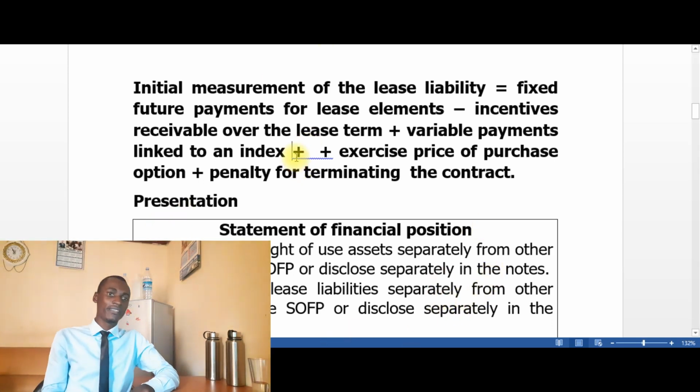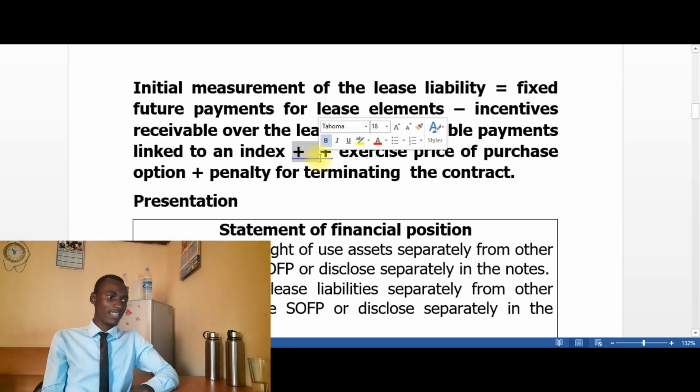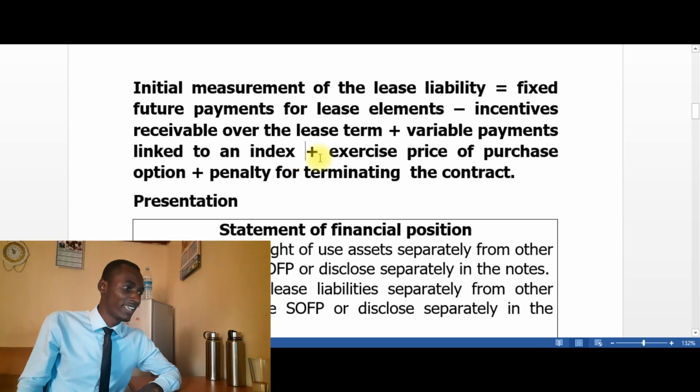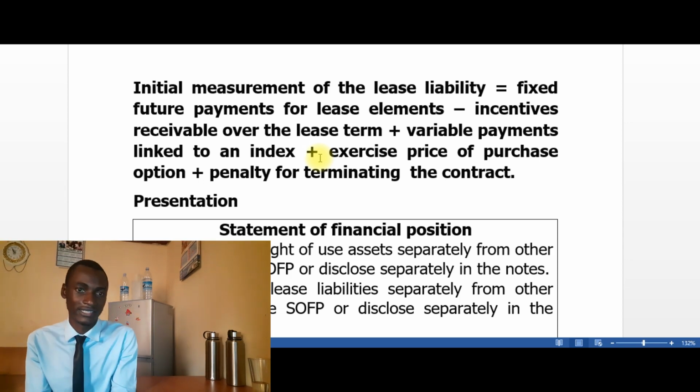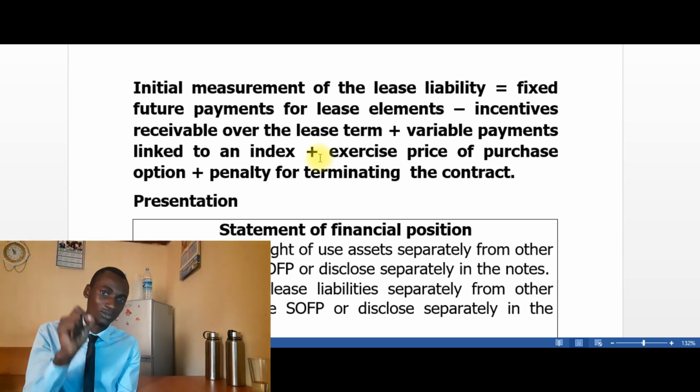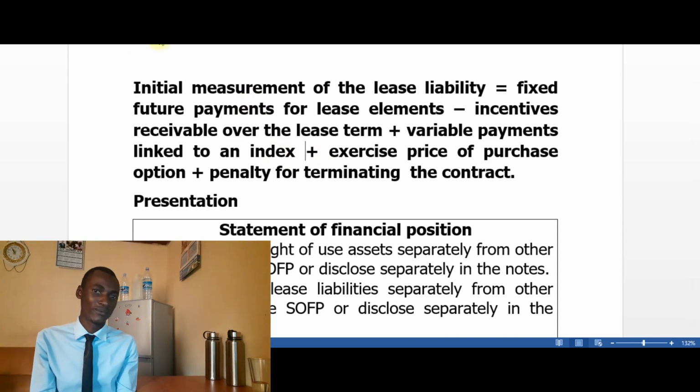The rate of interest in the lease is 5%. The present value of the minimum lease payments is shillings 22,730. Remember, initially the right of use asset is measured at the present value of the lease payments plus any initial direct costs paid before or at the inception of the lease.